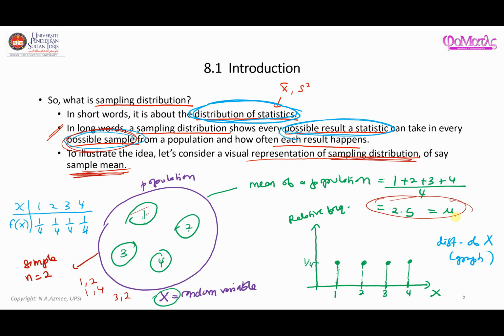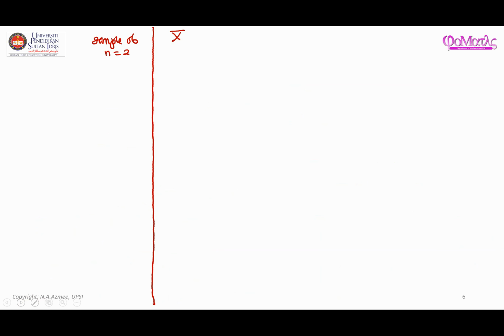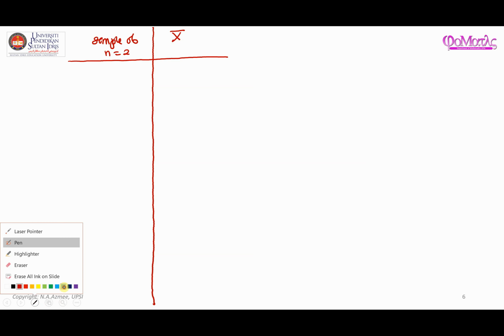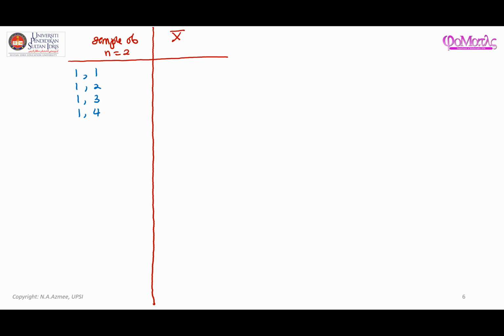Well, our sample mean can be different each time you get a different sample. The first sample that you might get could be 1 and 1. It could be 1 and 2, 1 and 3, 1 and 4, because we have 4 elements altogether.